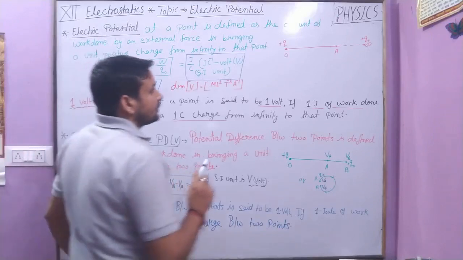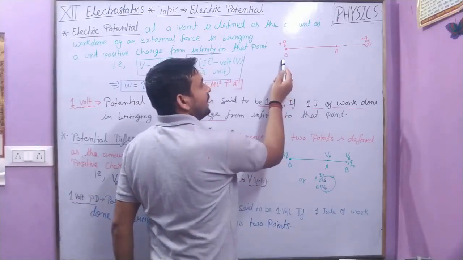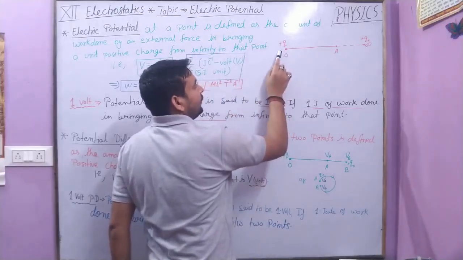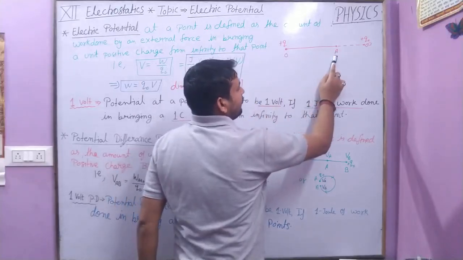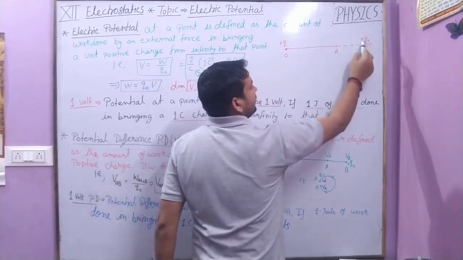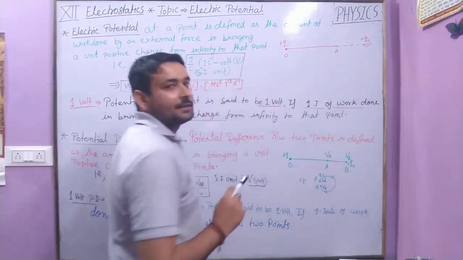Suppose we have a point charge at a point O having magnitude plus q, and there is a point A, and at infinity a unit test charge q naught is kept.